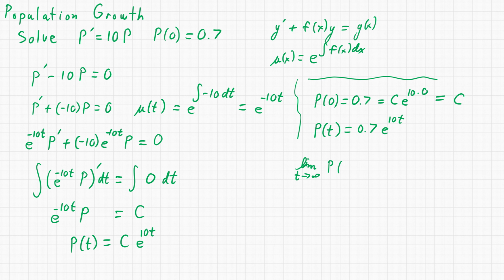Well, that's going to be 0.7 e to the 10 times infinity, and really that's 0.7 times infinity, it's infinity. So that makes sense, right? If we have population growth forever, and they just keep growing and growing and growing, we expect the population to grow all the way to infinity. So yeah, it looks like this is making sense, and it also solves the differential equation, also solves the initial value problem.